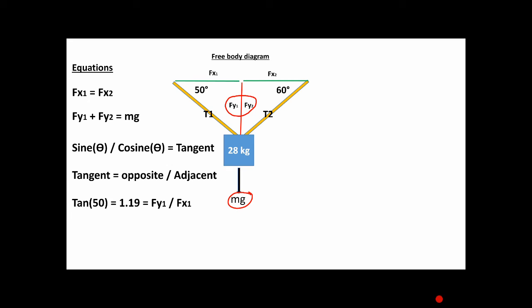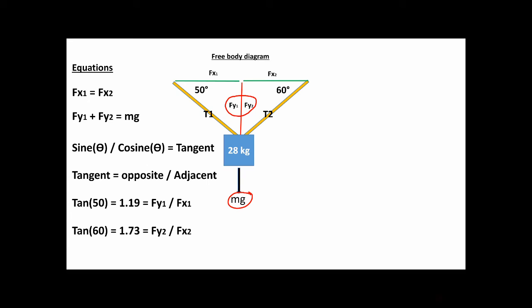The tangent of theta, 50, equals 1.19, and that is equal to Fy1 divided by Fx1. We'll just quickly do that for the other one. The tangent of 60 is equal to 1.73, which is equal to Fy2 divided by Fx2.